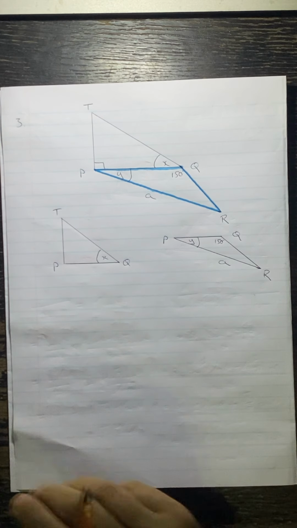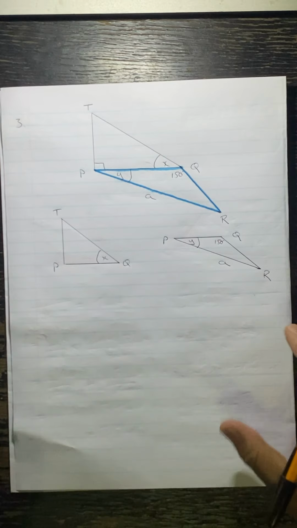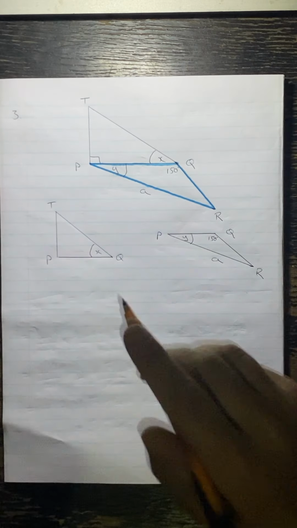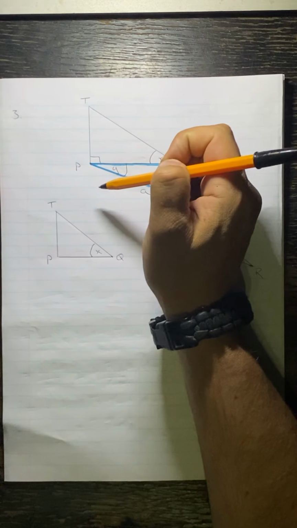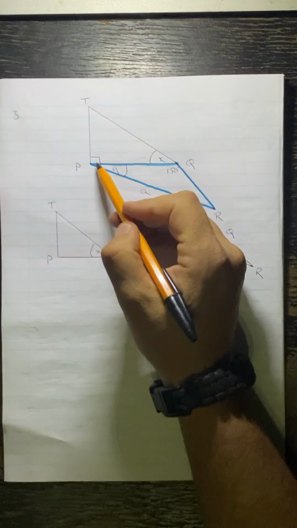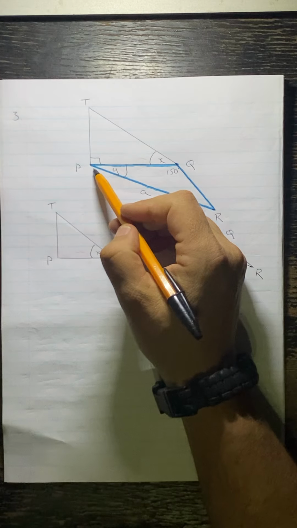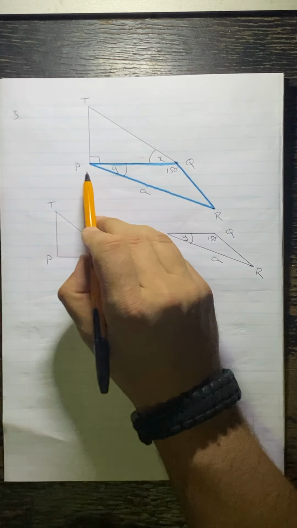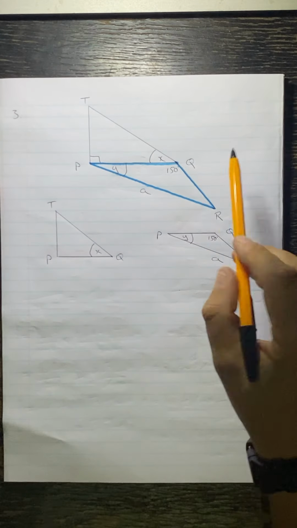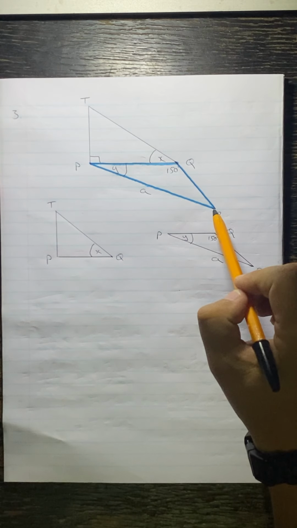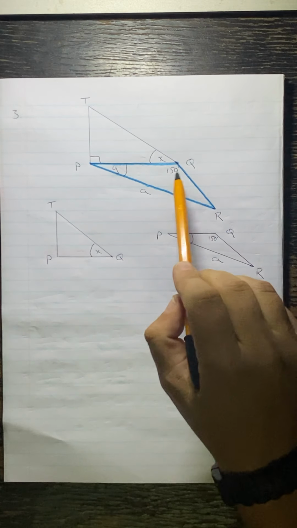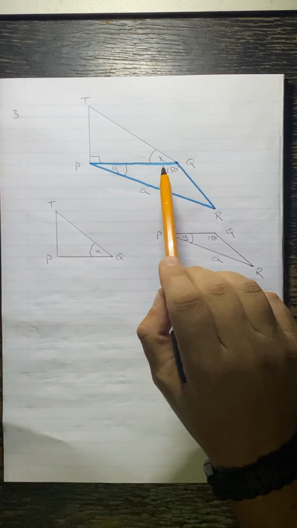Okay, so question 3 is saying that TP is a building. All right, now because it's a building, it will be 90 degrees over there. The foot of the building P and the points Q and R are on the same horizontal plane, which I've highlighted in blue.